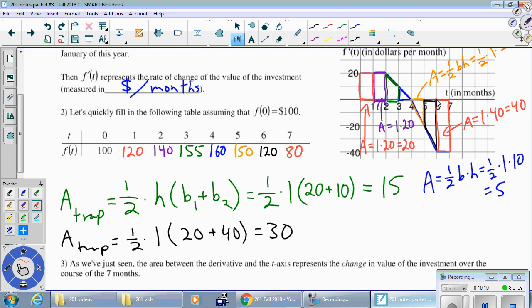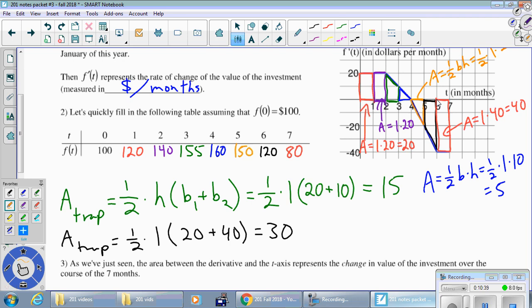Okay, so number 3, as we've just seen, the area between the derivative, remember this was an F prime curve, and the t-axis represents the change in value of the investment over the course of the 7 months. Let's think about that. Suppose that we didn't want to do all of these intermediate calculations, but we just care about, we started at month 0 and we had 100 bucks, and I just care about how much I'm going to end up with at the end of the 7 months.